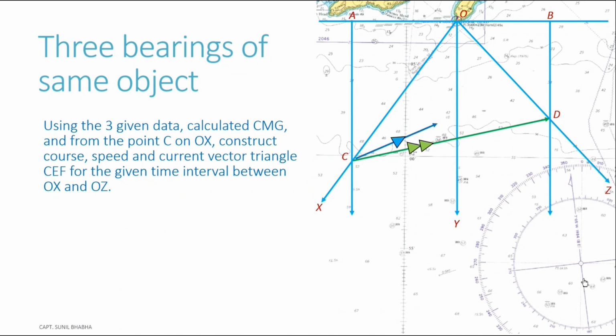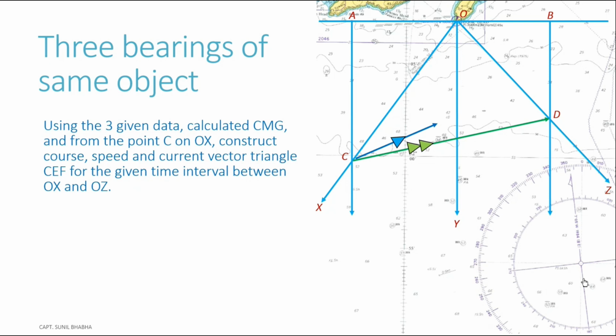You can see the blue color vector on the screen now, which represents the leeway track. Let's mark it with a single arrow. That's the symbol for leeway track or course steered. Now the second item which is usually given to us is the current. So we will be marking the current vector now.